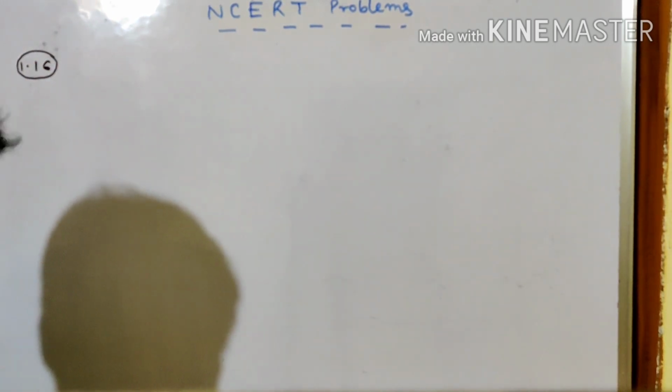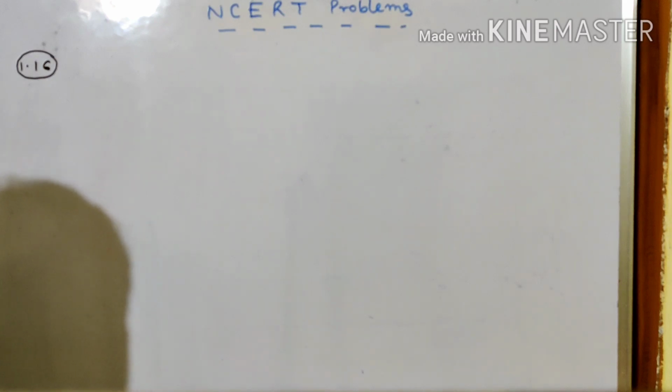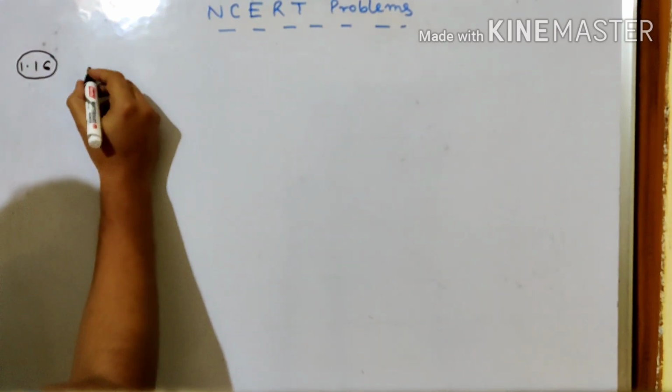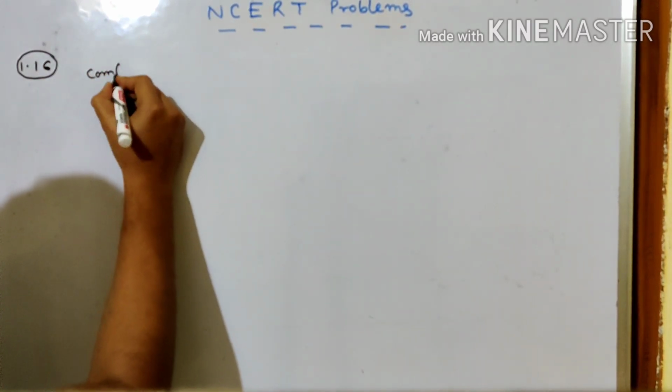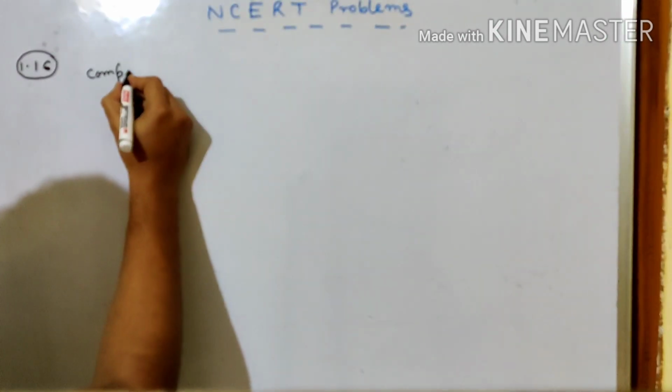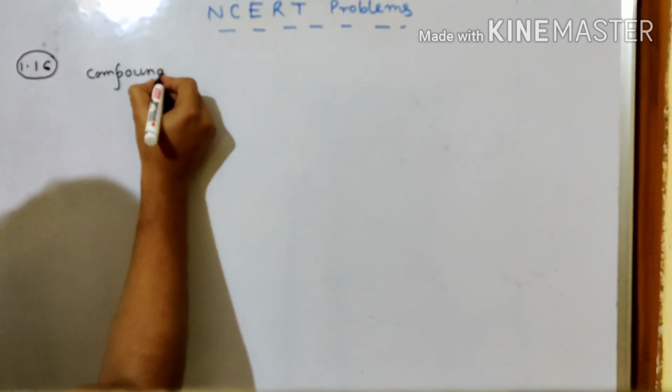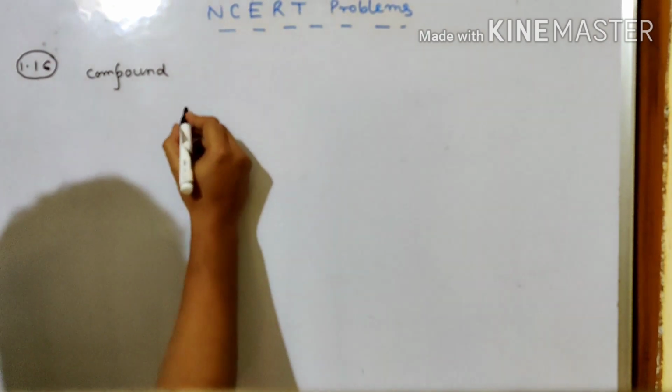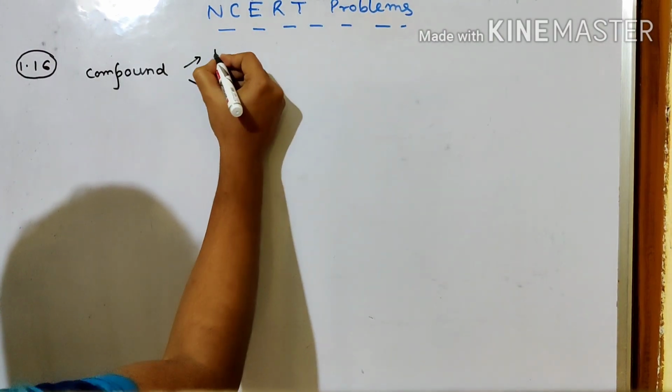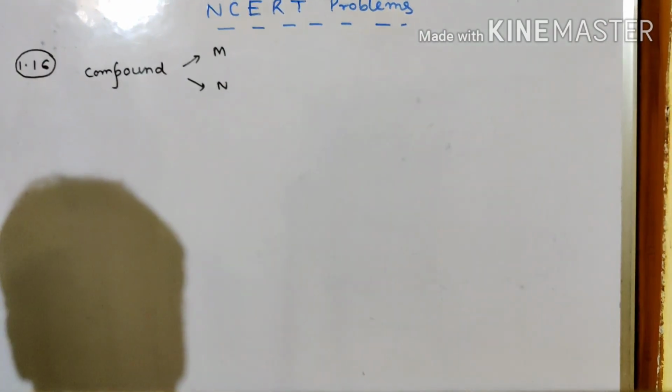So here the question is: a compound is formed by two elements M and N. I'm not rewriting the question because everyone has the book.